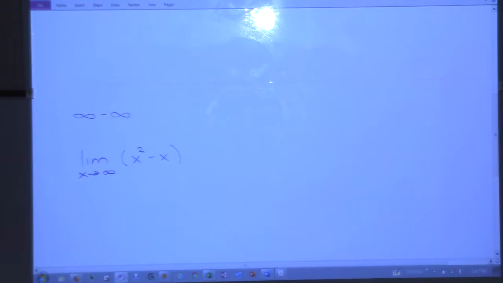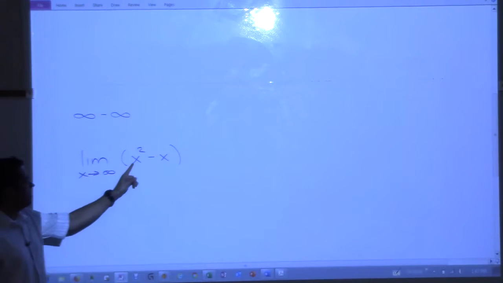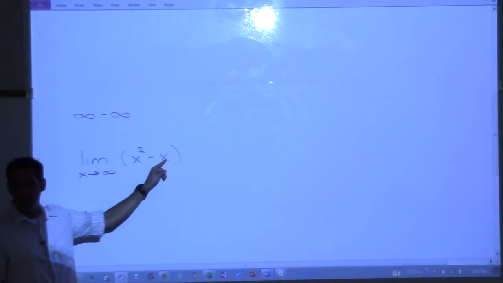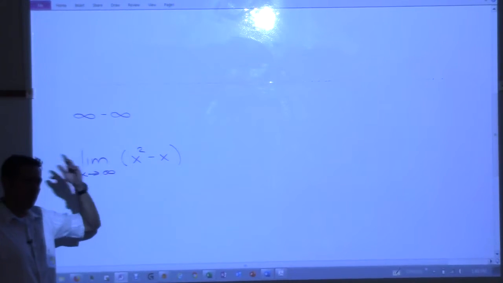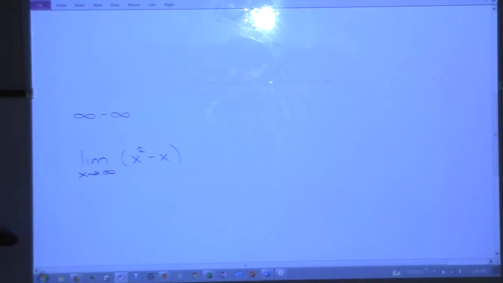This is the most basic example that we could probably come up with. So we do have something that's becoming infinite minus something that's becoming infinite. So we do have infinity minus infinity. You don't need to worry about trying to get it to look like 0 times infinity or anything like that.